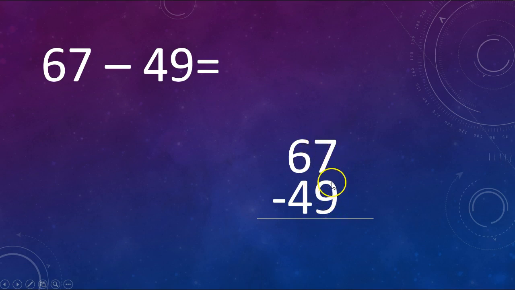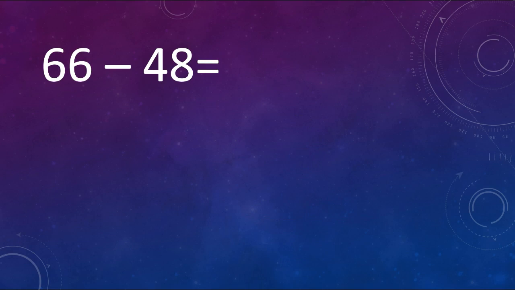We cannot take away 9 from 7. So the 6 gives one of its tens to the 7 to make it 17, and the 6 turns into a 5. So 17 minus 9 is 8, and 5 minus 4 is 1. The answer is 18. Go ahead and set this one up and answer it.